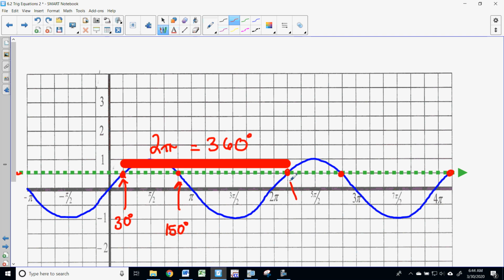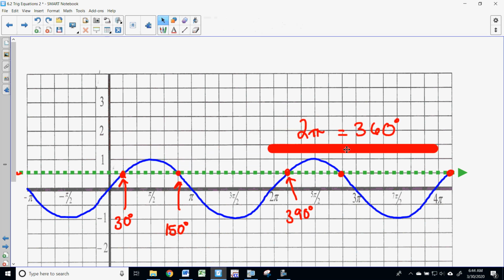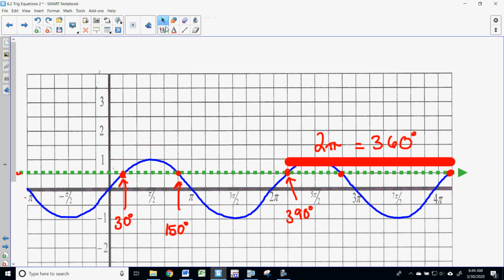So this answer right here would be 390. If you go another 360 forward, or 2 pi, you get this answer up here, which is 750.